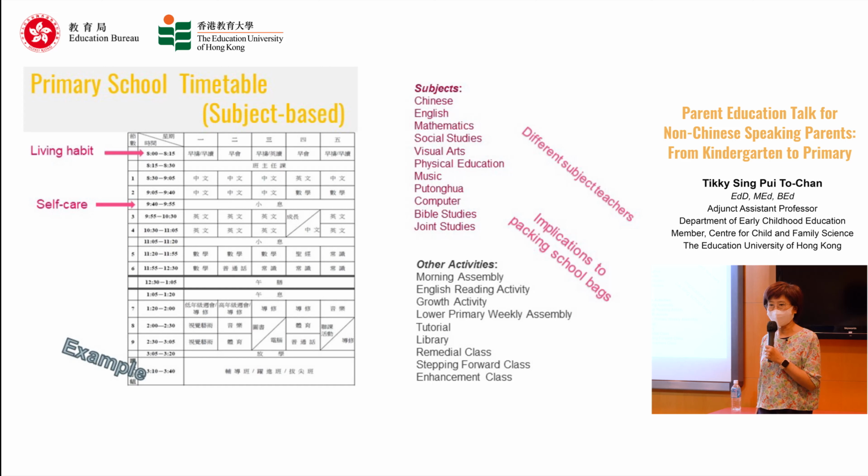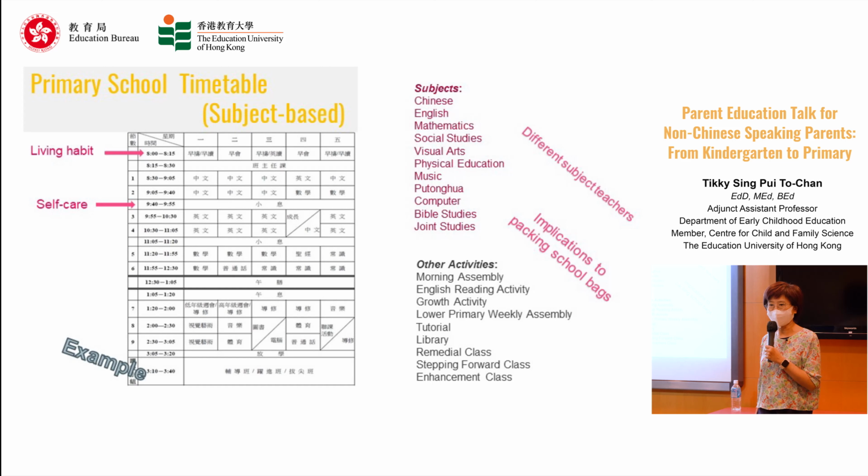It covers 11 subjects here: Chinese, English, mathematics, social studies, visual arts, physical education, music, Putonghua, computer, Bible studies, and joint studies in this example. 11 subjects, so already more than 10. It's difficult to count more than 10. And for some schools, there are more than that.